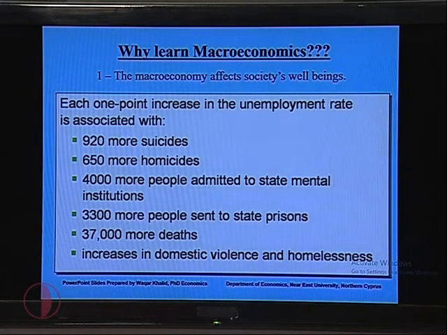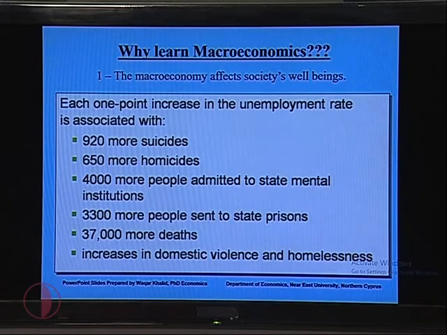650 more homicides, 4,000 more people admitted to state mental institutions, 3,300 more people sent to state prisons, 37,000 more deaths, and an increase in domestic violence and homelessness.